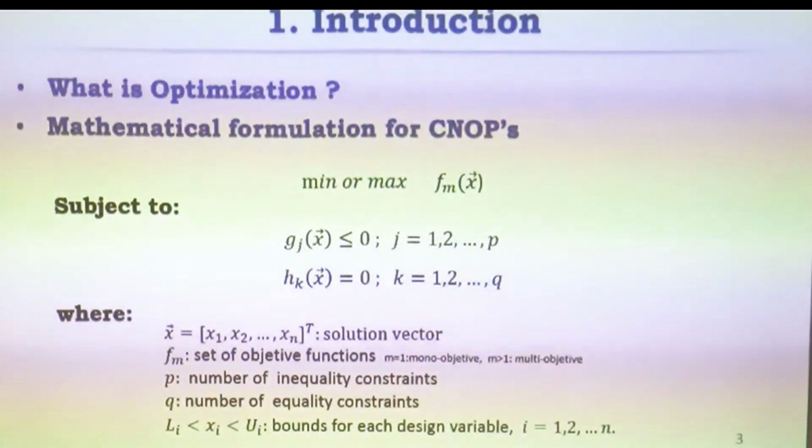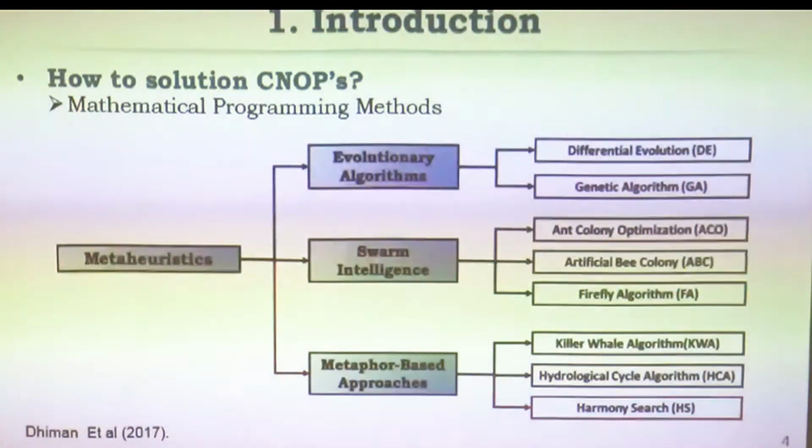What is optimization? Optimization is the process of searching for the best solution under given circumstances. A mathematical formulation for constrained numerical optimization is to minimize or maximize an objective function, or a set of objective functions, subject to equality and inequality constraints. Also, all the variables are limited by bounds. How to solve it?